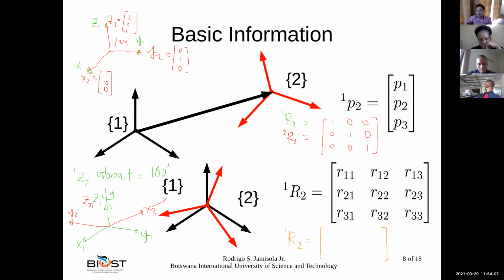Your Z2 and Z1 remain the same, so that is just 0, 0, 1. What about your X2 with respect to X1? Remember, this is X2 with respect to frame 1. What is that?